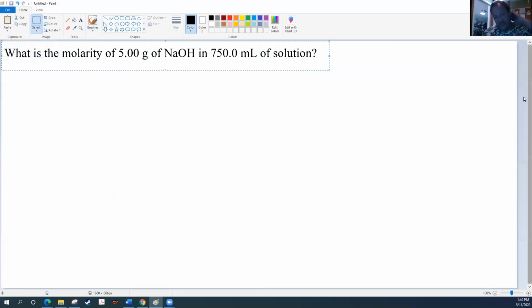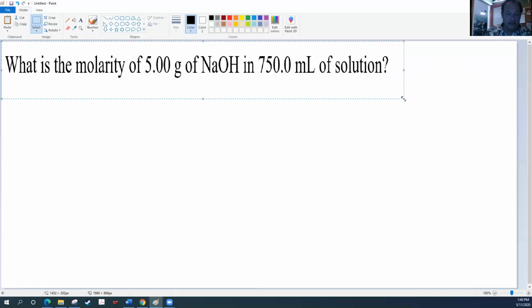Okay, so what is the molarity of 5.0 grams, or 5 grams, of a sodium hydroxide solution in 750 milliliters? What is the molarity of 5 grams of sodium hydroxide in 750 milliliters of solution?